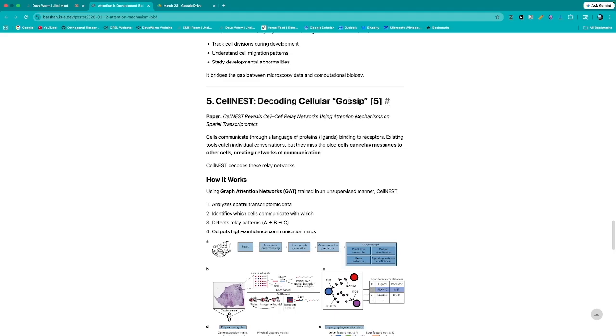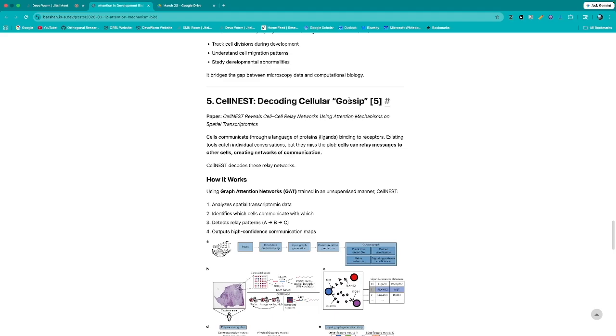So using graph attention networks, I guess it's GAT. I guess they don't want to confuse it with GANs. But yeah, that's okay. So using GATs trained in an unsupervised manner, CellNest analyzes spatial transcriptomic data, identifies which cell communicates with which, and detects relay patterns.